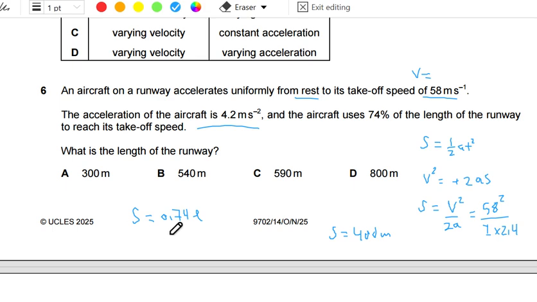So if we substitute 400 here and divide by this, we will find the answer, 540.